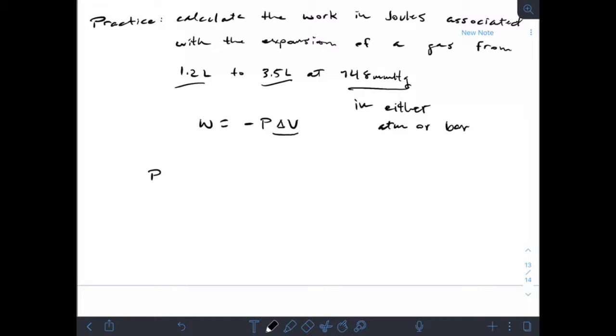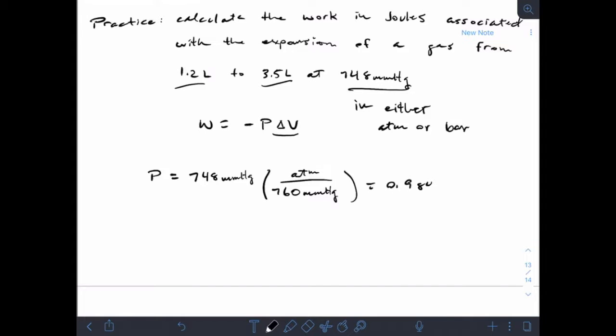So we're going to do a quick conversion there. Pressure, 748 millimeters of mercury, and there's 760 millimeters of mercury per atmosphere. So our pressure in atmospheres will be 0.9842 ATM, tracking at the third sig fig.